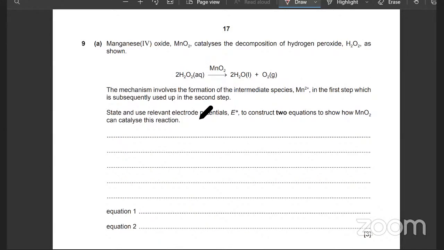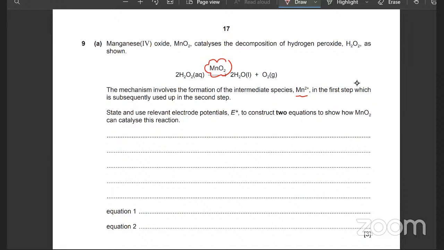State and use the relative electrode potential to construct two equations to show how MnO2 can catalyze this reaction. So he has given us some hints: there's MnO2, and it turns into an intermediate, which is Mn2+.